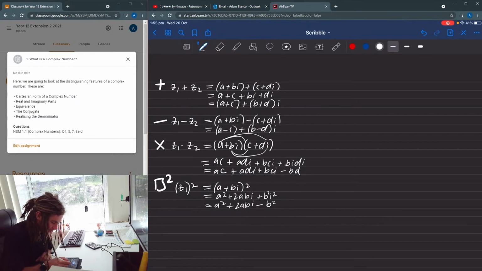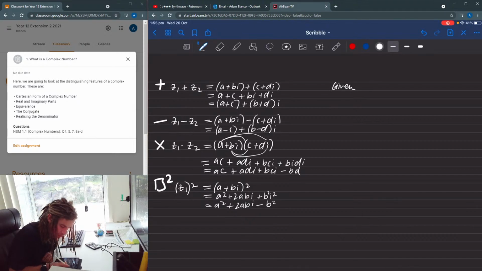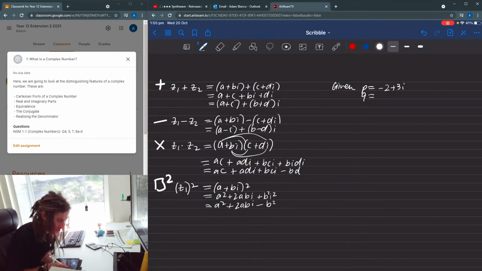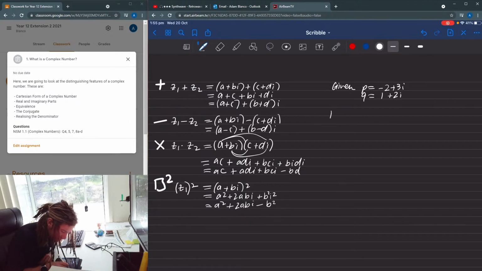Okay, so let's do an example. So let's go, given a numerical example. Given P, I'm going to call them P this time, minus 2 plus 3i, and Q. I think Q are pretty common to use for examples like this, especially in extension. Okay, P plus Q. So that's just minus 2 plus 3i plus 1 plus 2i.